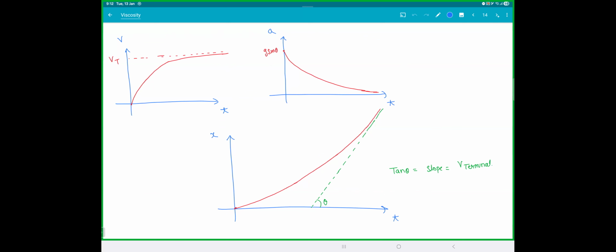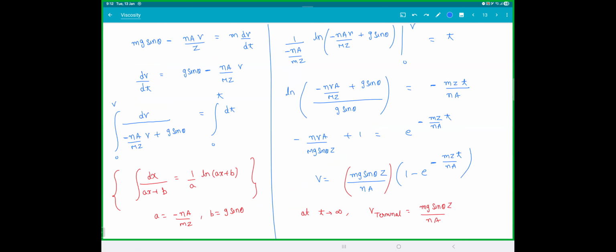XT increases and becomes a line at infinity. All clear with this? Next one. Any doubts on the equations or the graphs? Please ask.